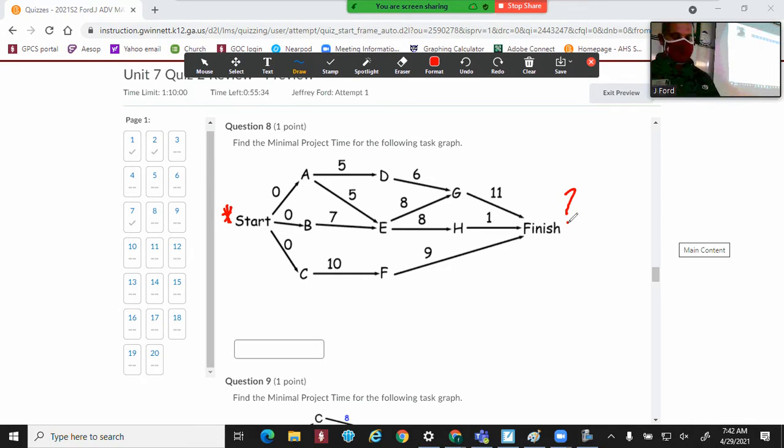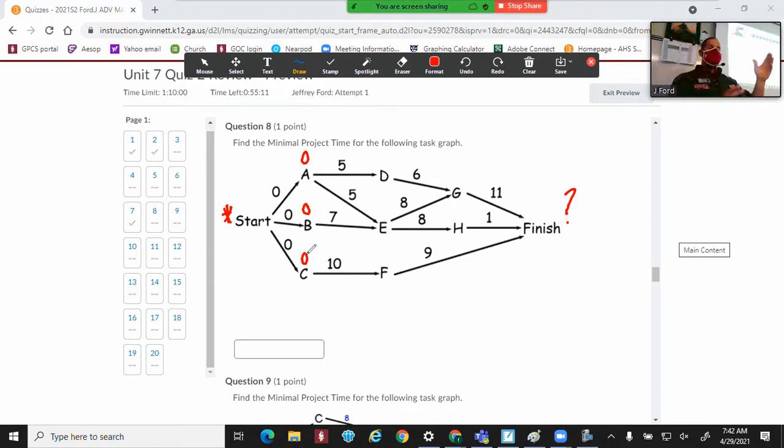First off, if you look at start, start is pointing to three things: A, B, C. Whatever start is pointing at, that start time is 0. The way we would read this is that task A, task B, and task C all start simultaneously.